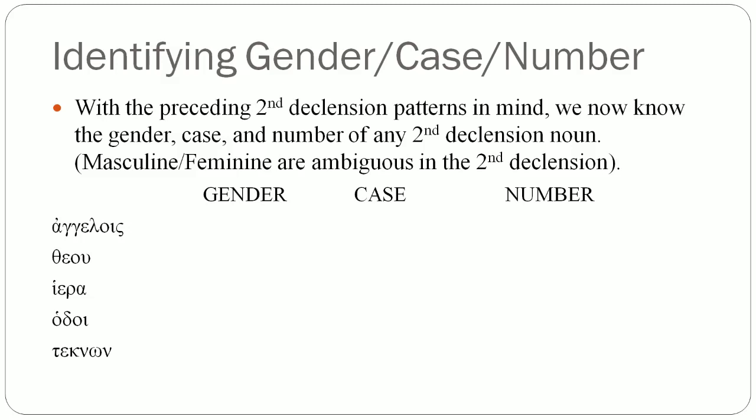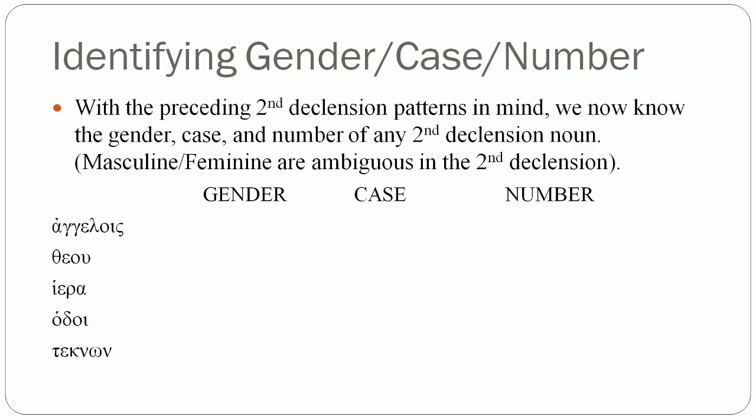Angelois, theou, hiera, hadas, and teknon. Now on some of these there could be some ambiguity. But let's see how you did. If you need to, go back and refresh your memory on what the endings are. But really, all you're looking at is the ending.